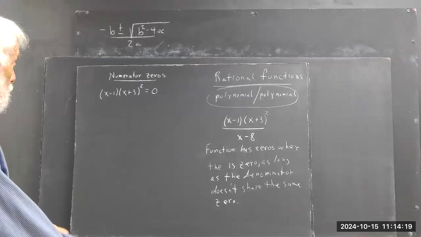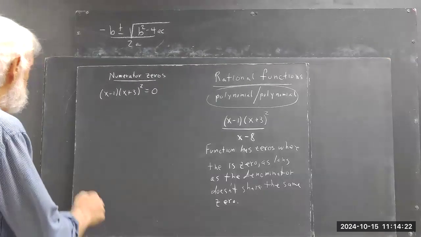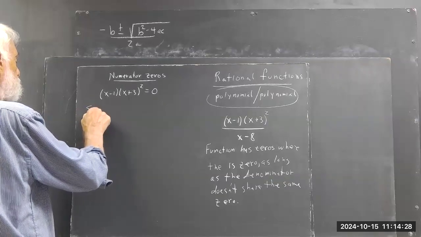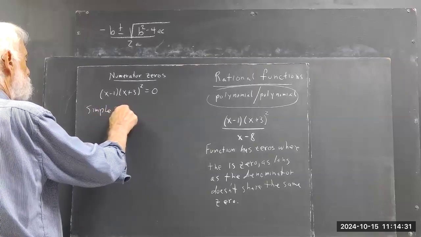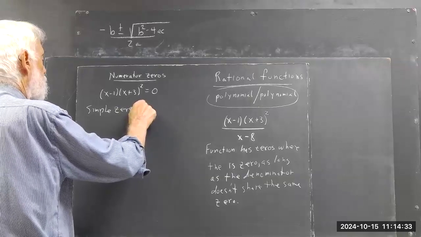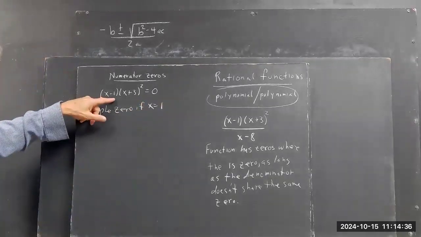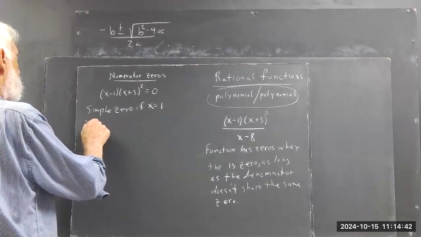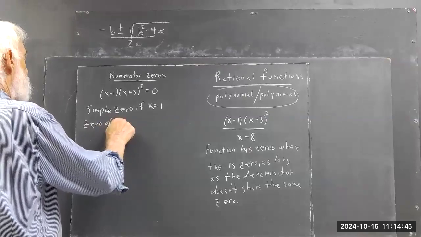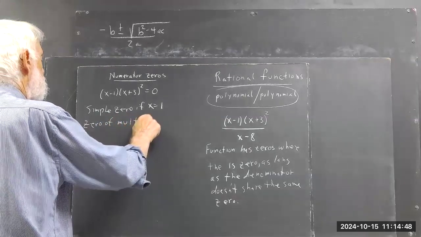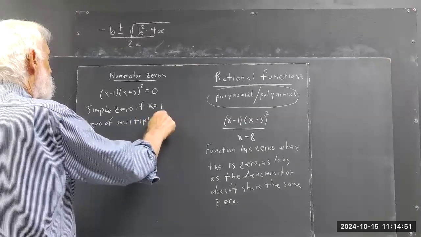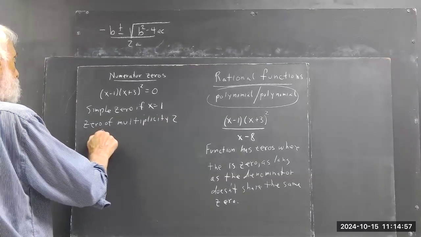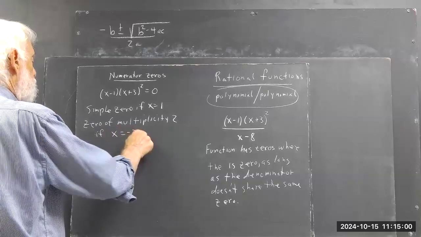We note that we have a simple 0 if x equals 1, because if x equals 1, the whole thing is 0. And zero multiplicity 2, if x equals -3.